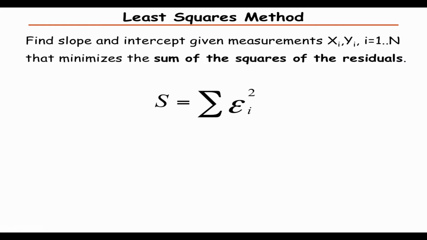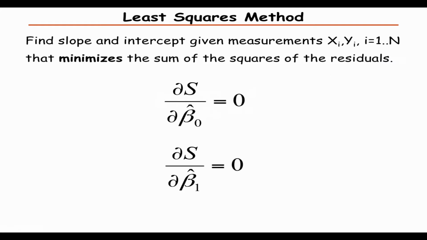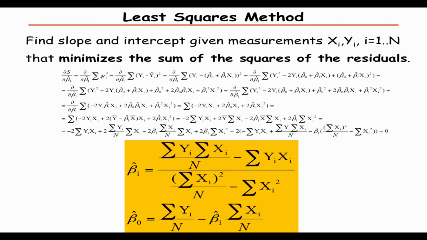So we have two parameters here, so we want the derivative for beta 0 to be 0 and the derivative for beta 1 to be 0. So this is what we use to derive it, and it's actually not a very difficult derivation.